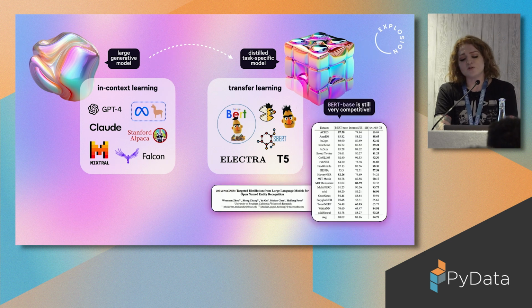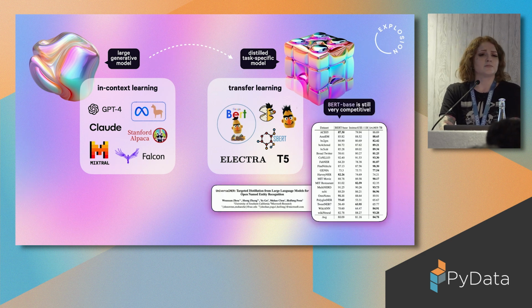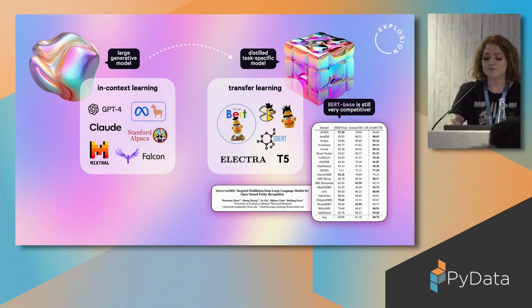And if you look at the literature and the research around it, you find that even BERT base, which is one of the most basic of these models, is still very competitive when compared to a large generative model for solving specific tasks. And the other thing that's important to note here is that, of course, this is a paper, and the evaluations were done on standard benchmark data sets.